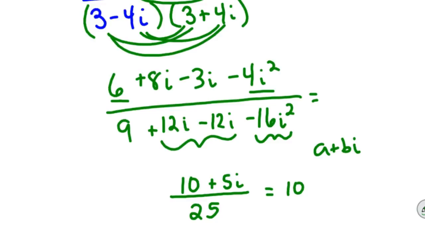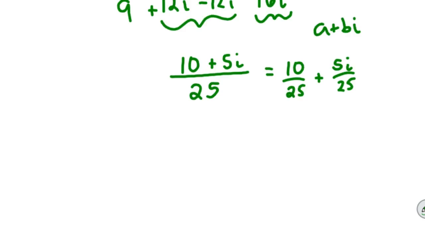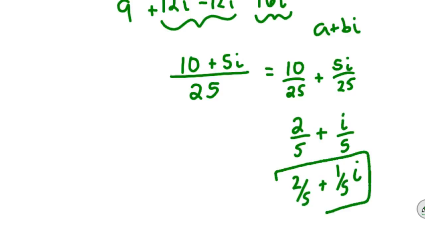So you just split this up. 10 25ths plus 5i over 25, and then simplify it from there. 10 25ths, you can take a 5 out, so that would be 2/5. 5i over 25 would be i over 5, or 1/5 i. So 2/5 plus 1/5 i. And so that's how you'd simplify if you divide by a complex number.